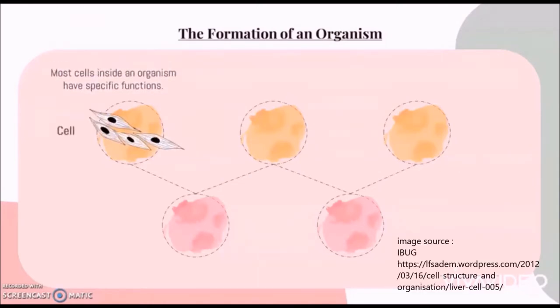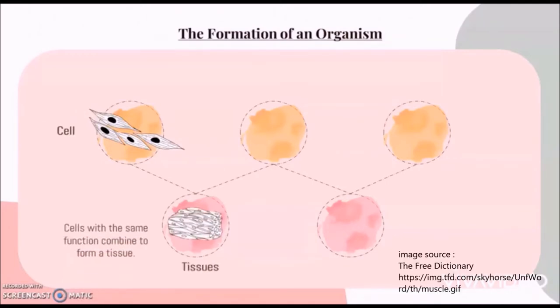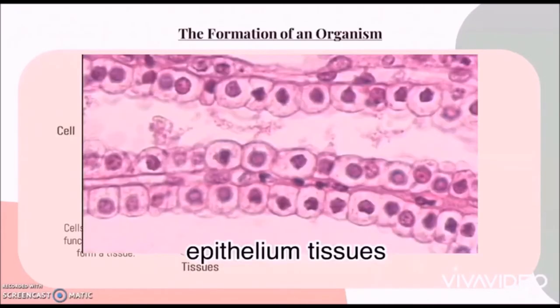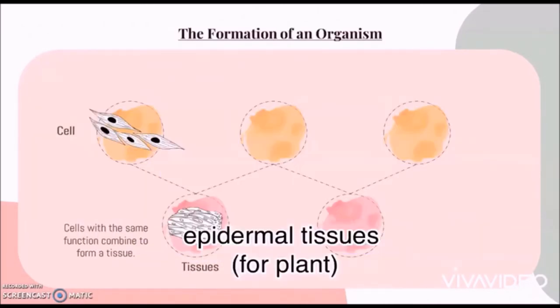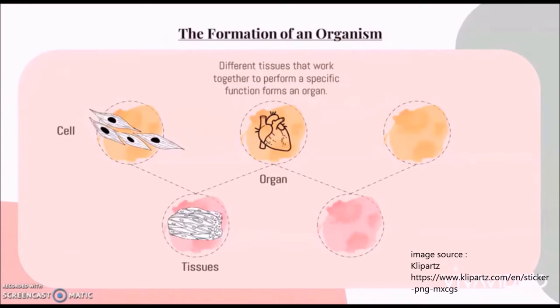It starts with cells, and most cells inside an organism have specific functions. When a group of cells performing a specific function combine, they form a tissue. Examples of tissues are nerve tissues, epithelium tissues, muscle tissues, and epidermal tissues. When a group of different tissues work together to perform a specific function, it is called an organ.